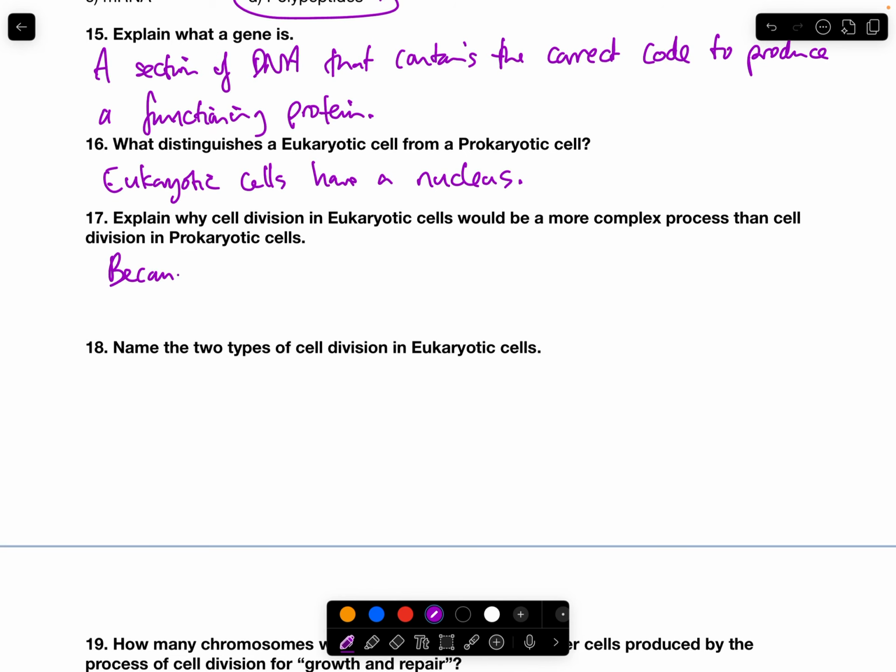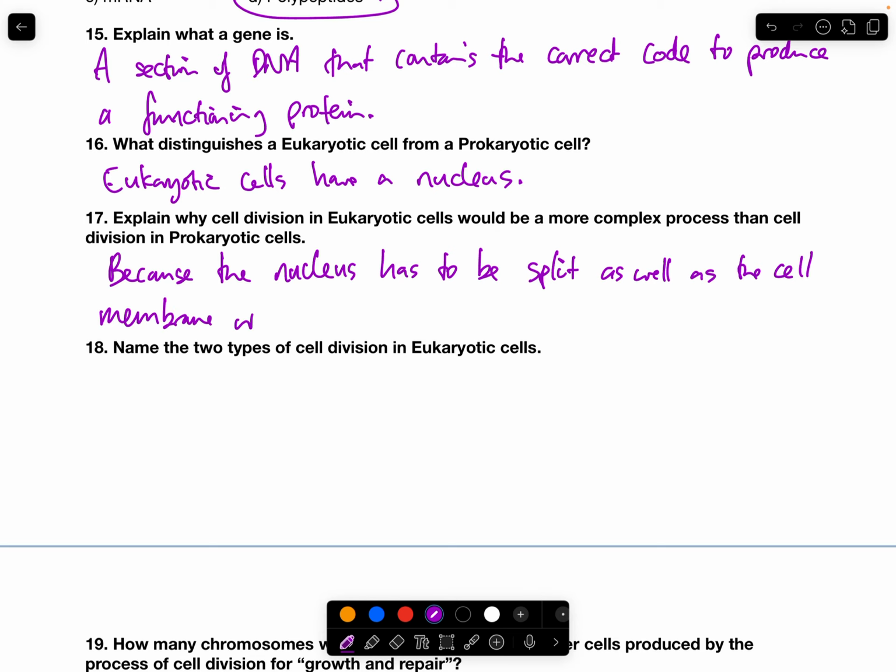Because the nucleus has to be split, as well as the cell membrane when dividing. So more steps.